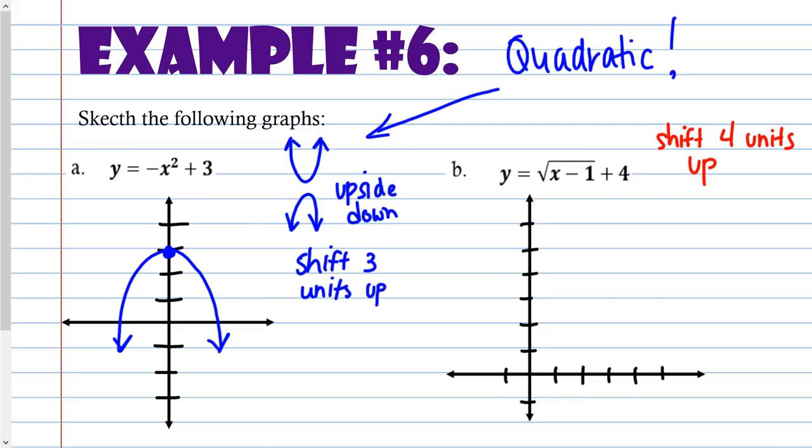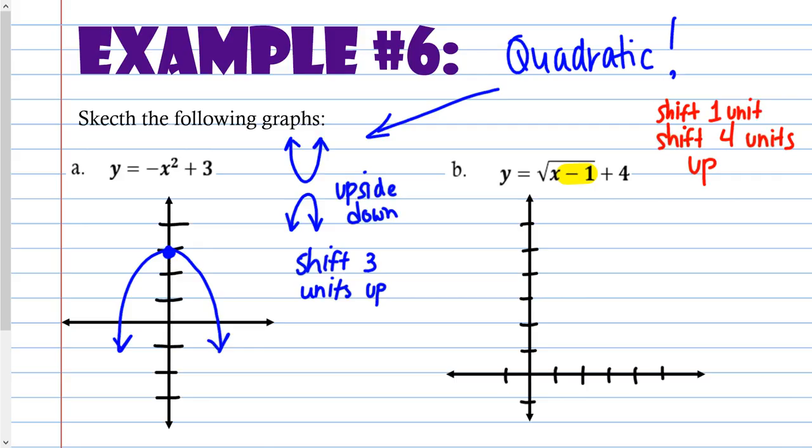And then, look at that little dude hanging out there next to the x. He's like, be careful. So that little dude right there, gotta make sure I'm like, oh, okay. So I'm actually shifting it 1 unit.